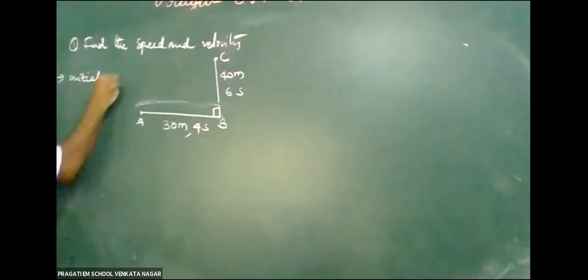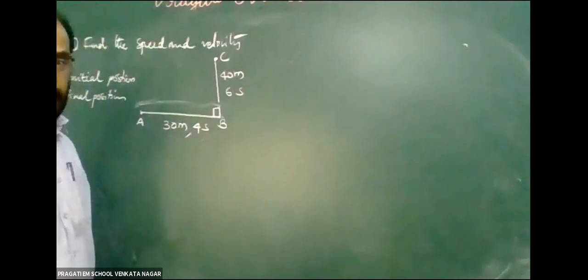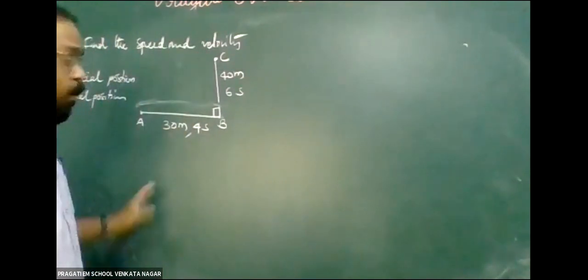So A is his initial position, and C is his final position. He started from A, moved up to B, then at a right angle he went to C. Now he is at C. What is the speed and velocity?